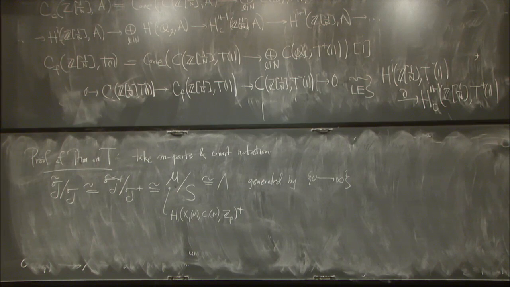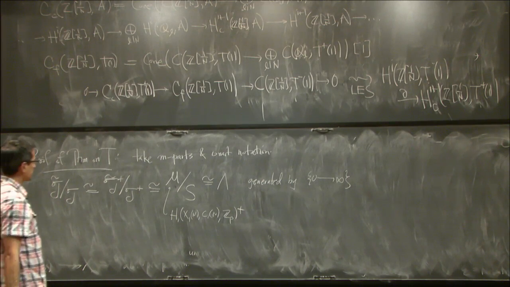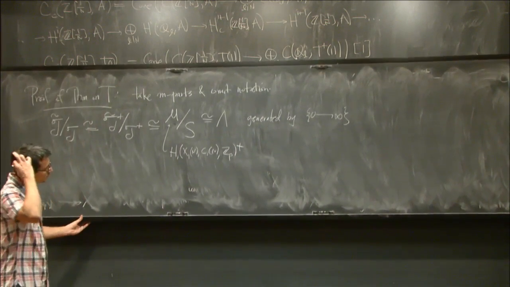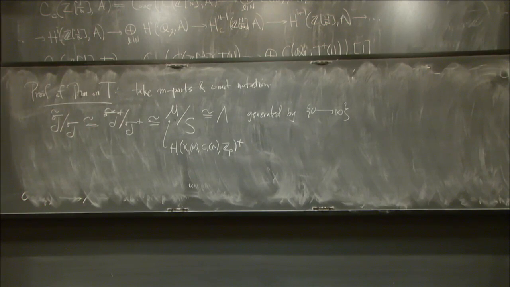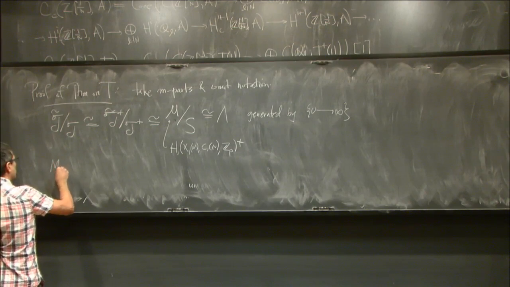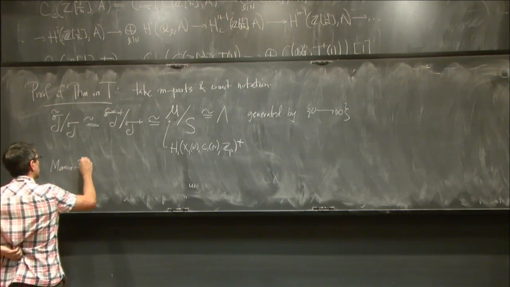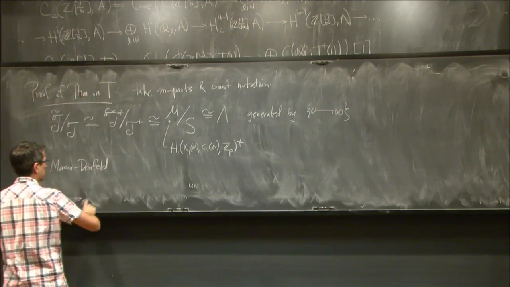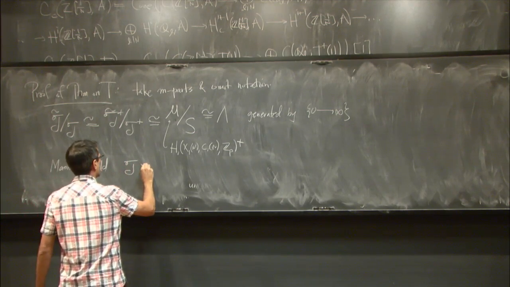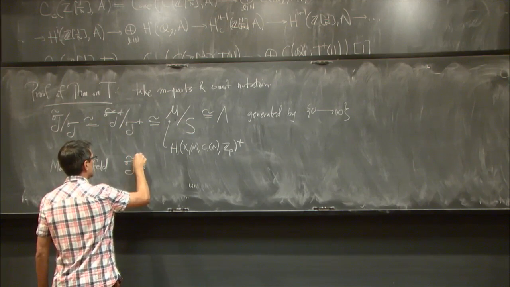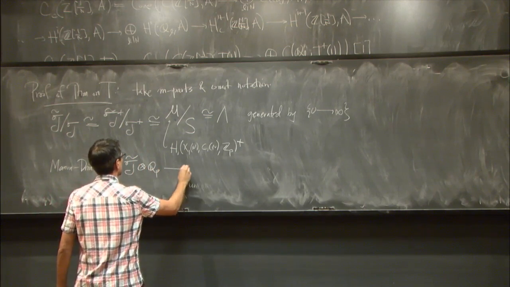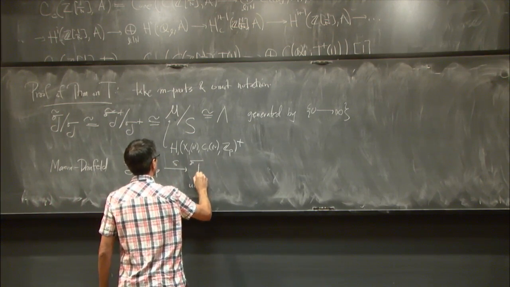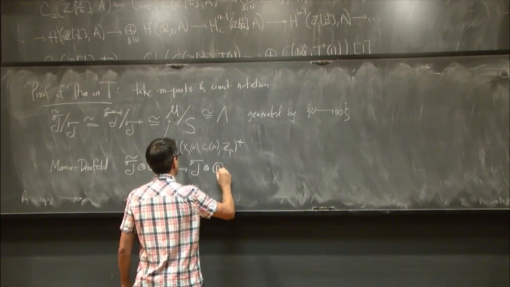OK, so this is essentially due to Ohta. On the other hand, we have the Mazur-Drinfeld type splitting. So that splits over Q_p the map from T tensor Q_p into T tilde tensor Q_p.